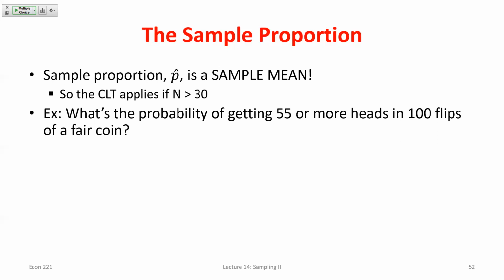If I want to turn a sample proportion value, here I was interested in the sample proportion of 0.55, I'll take the statistic I'm interested in, subtract the mean of that statistic, divide by the standard deviation of that statistic.